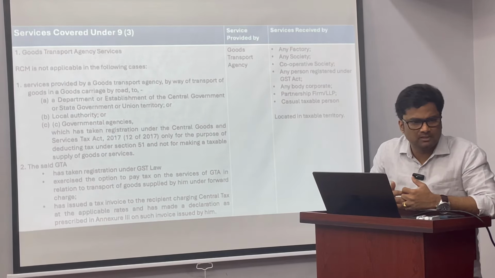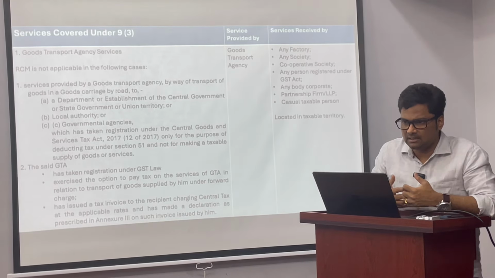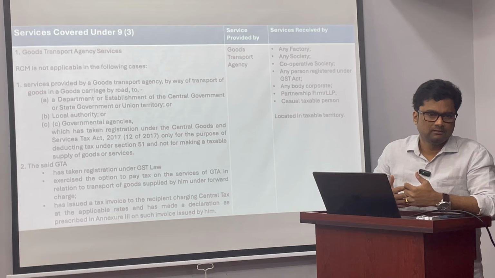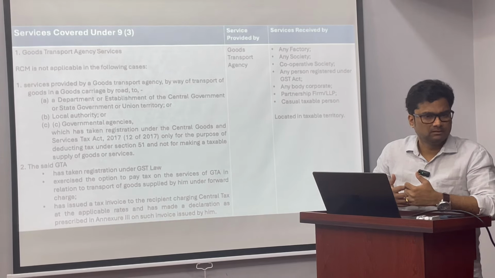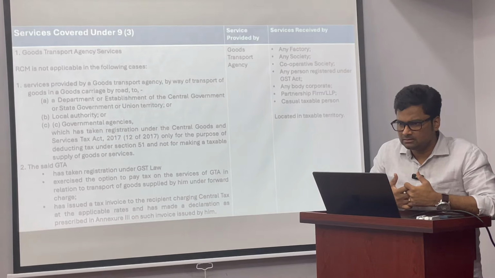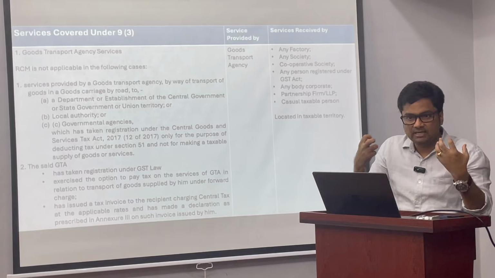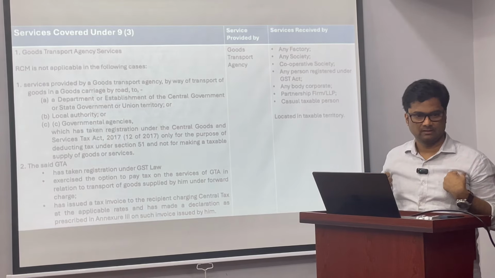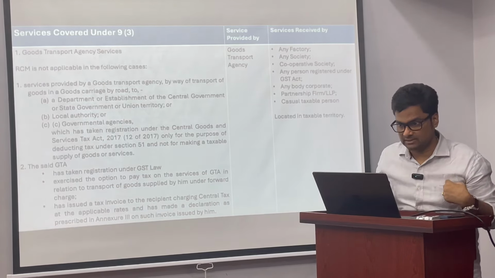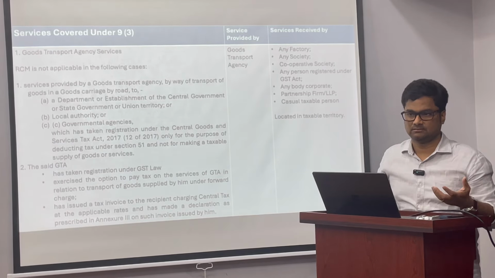What output tax will be there? What are they selling? Are they selling anything? They are government, correct? They are not taxable. So are they required to take registration? No, they will not have registration. But if they are purchasing any goods or any services, they have to make TDS.